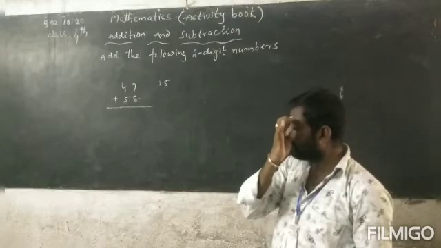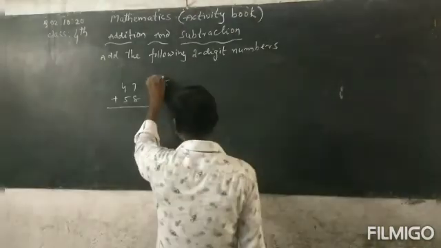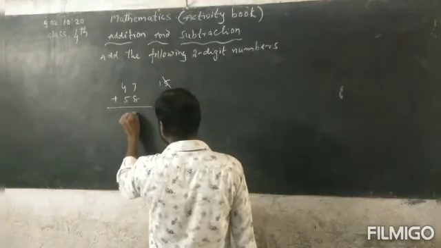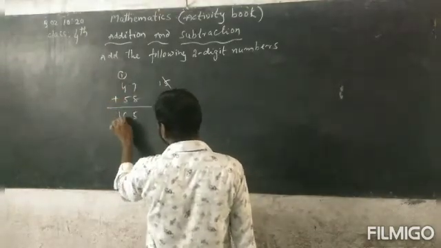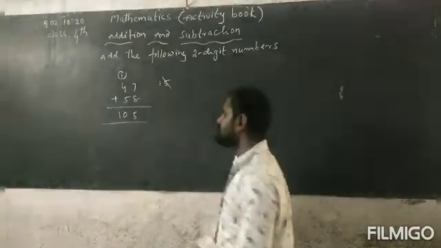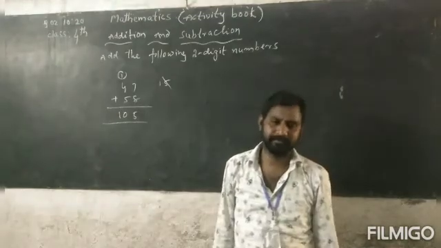In it 15 is a 2-digit number. So 5 is taken and written right under the ones column, 1 is carried to tens place, 1 plus 4, 5, 5 plus 5, 10. So this is the last column of the given numbers, you can write it directly.